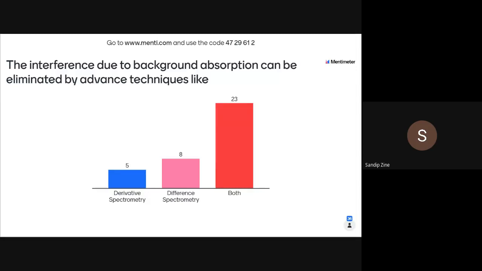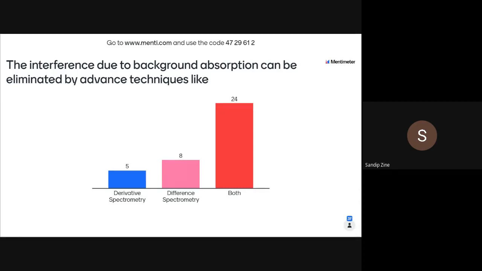So derivatized form means what, or why is derivatization required? First thing you should keep in mind, that derivative spectrometry is a very commonly used technique for the background correction. Now the question will be, why are you going for derivatization of spectra?